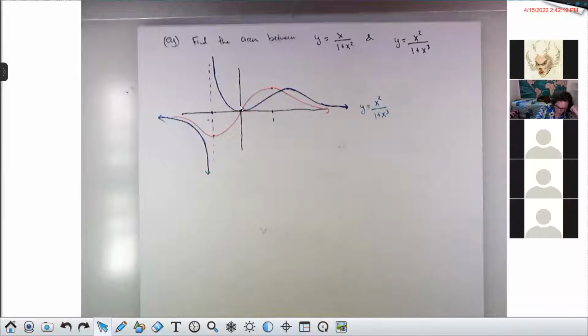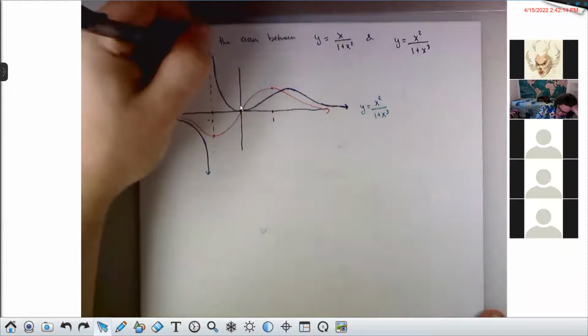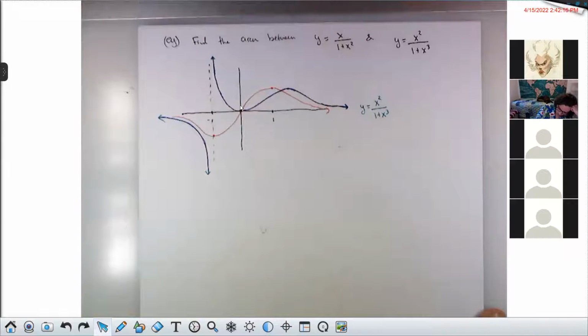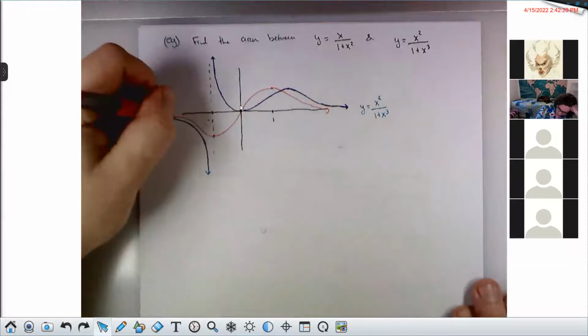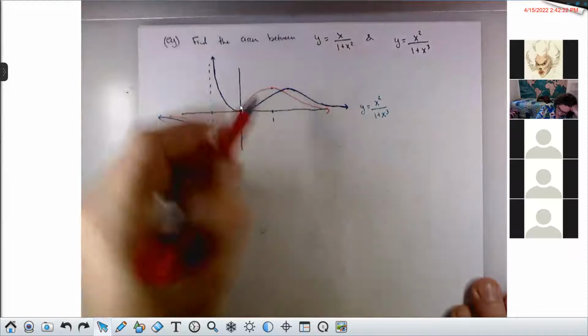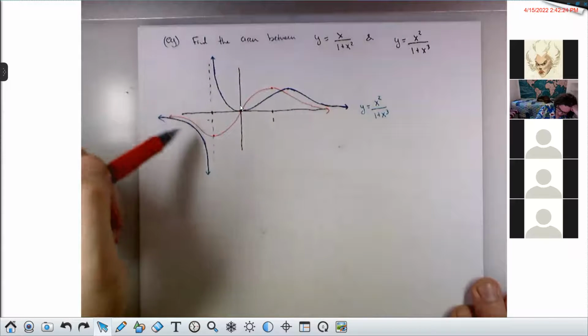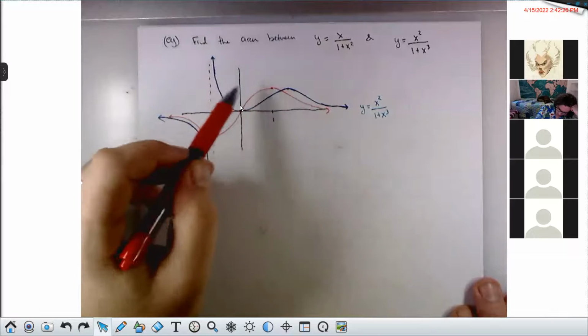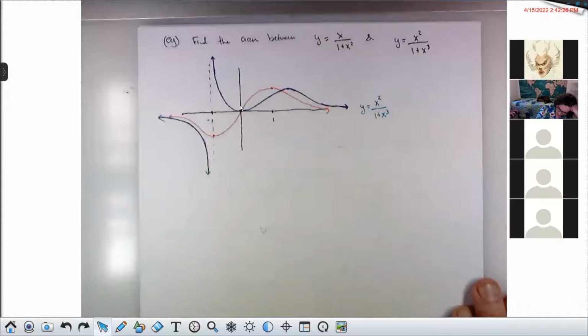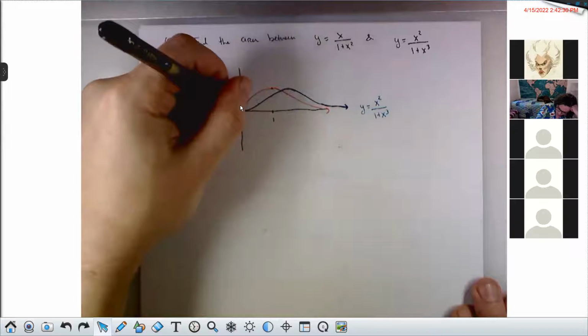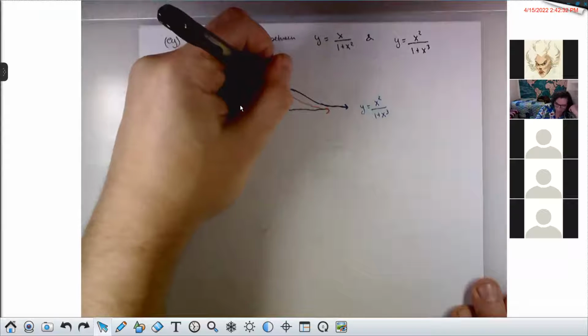So we have to look for a spot where this is actually bounding a closed region. There are a couple of regions here we could look at where there is area between the two curves. Here, and even over here. But the only place where I have a closed bounded region is from here to here.